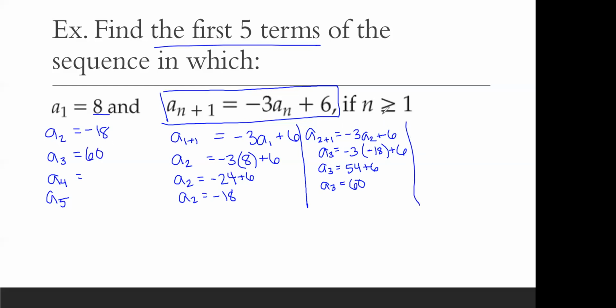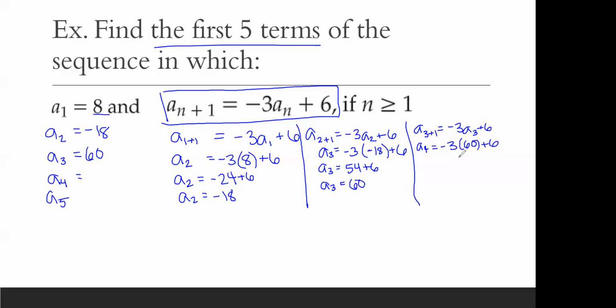Now I want to find the fourth term. That's a sub 3 plus 1 is equal to negative 3 times a sub 3 plus 6. So that's a sub 4. The fourth term is equal to negative 3 times a sub 3, the third term, which we figured out was 60, plus 6.